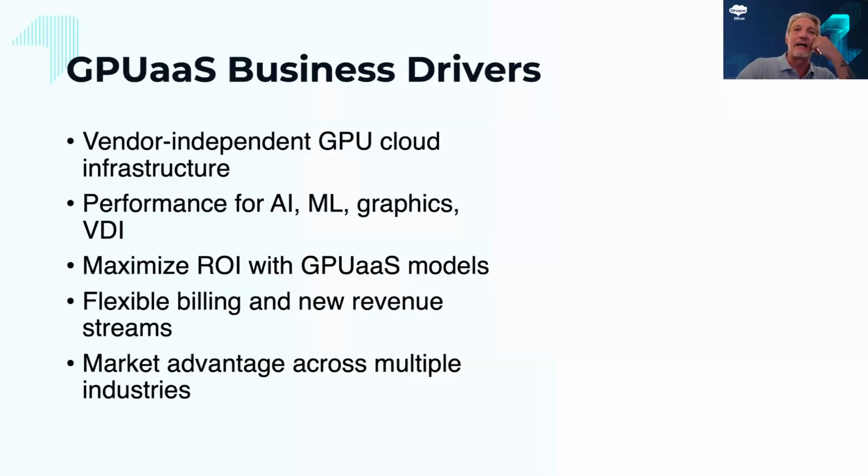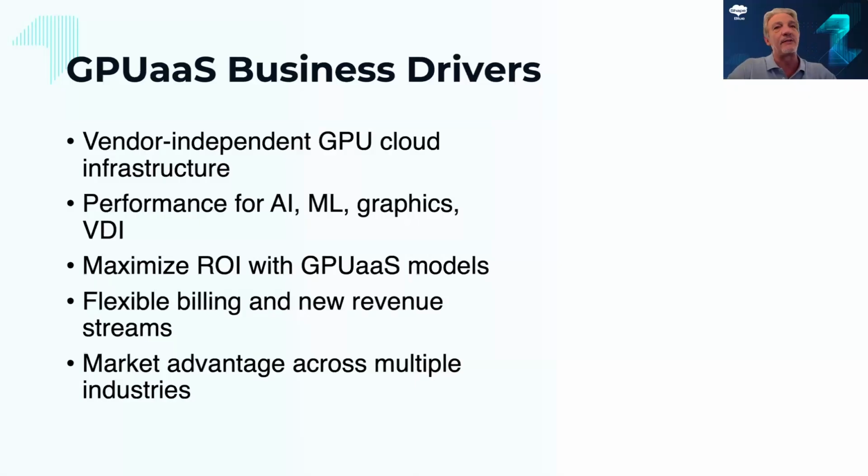So let's start with this business drive. GPU as a service allows you to build a vendor-independent GPU cloud infrastructure. So you're not tied to a single hardware provider. I think this is the most important aspect when you decide to use open source technology.